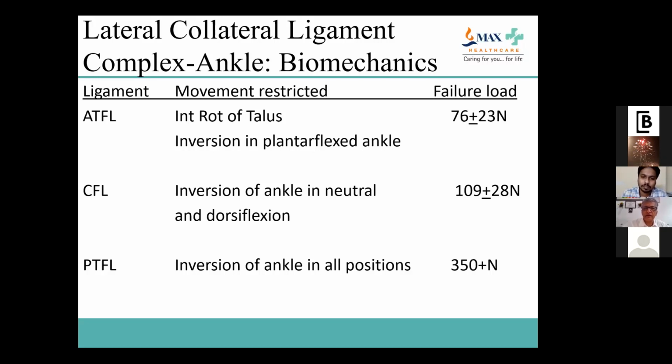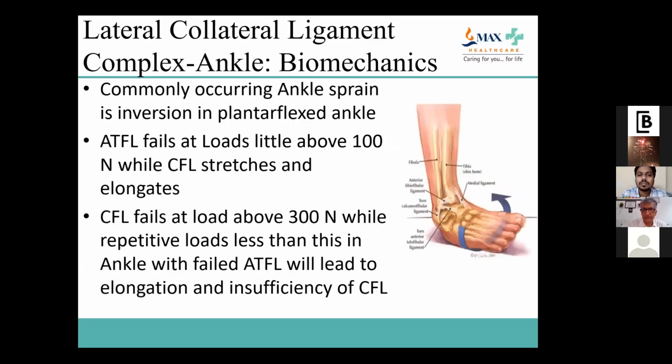On the other hand, the failure load of CFL is about 130 newtons, and of PTFL, which is supposed to be the strongest ligament and is tight in all positions of inversion, whether in a dorsiflexed or a plantar flexed ankle, it is very high. So tears of PTFL are rare, but the commonest tear is of the anterior talofibular ligament because its failure load is lowest.